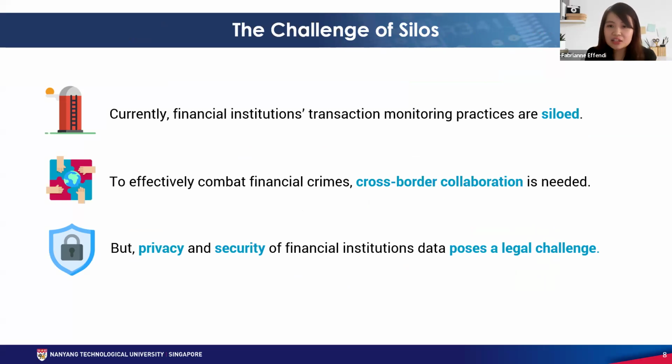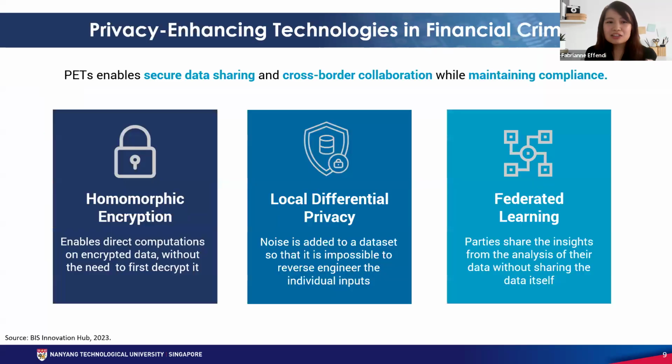And even with GNNs or graph-based machine learning, without this cross-border or cross-institution collaboration, there's only so far which graph-based machine learning can go, because you're limited to the view of data which you have. To effectively combat financial crimes, cross-border and cross-institution collaboration is needed. But as I've mentioned, the privacy and security of banking data poses a legal challenge.